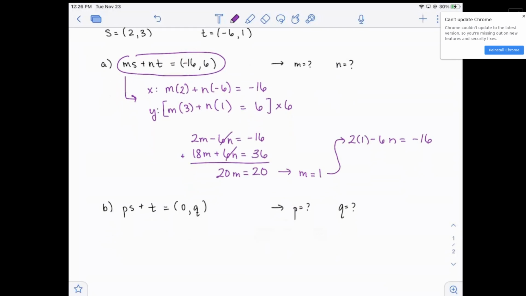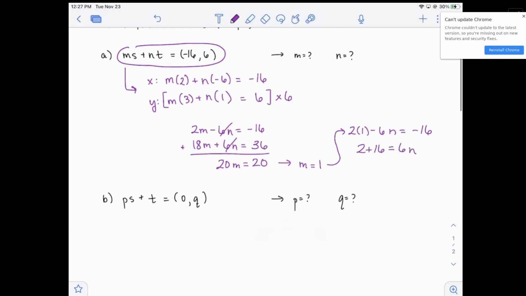So now when we solve for n, I'm going to add 6n to the other side and also add 16 to the left. So that would give me 2 plus 16 equals 6n. So 18 divided by 6 would give me n is 3.